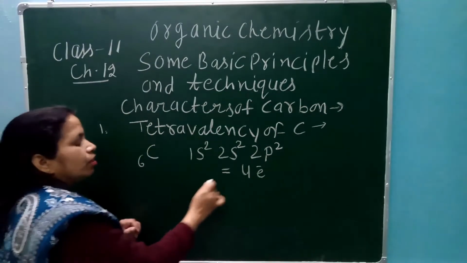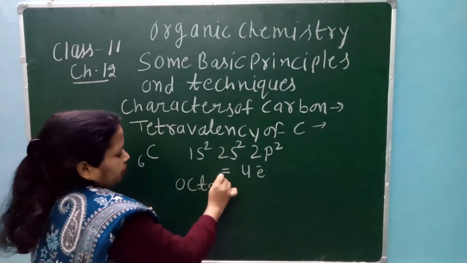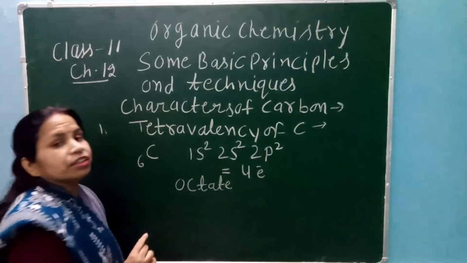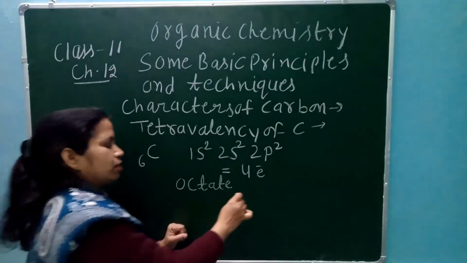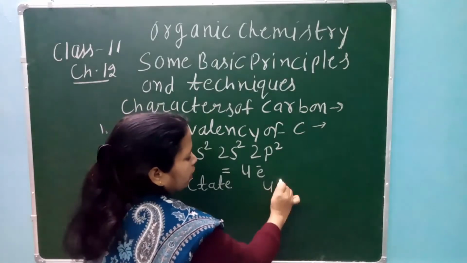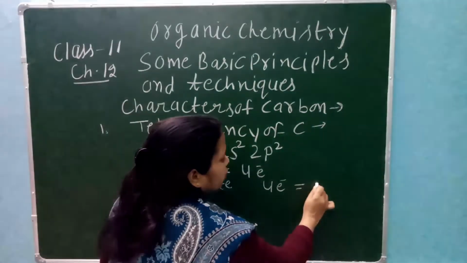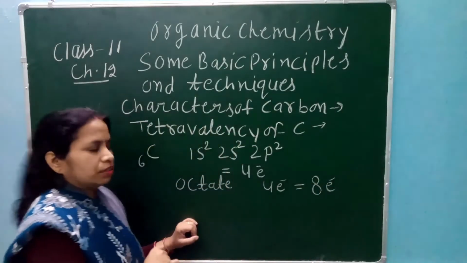So, to complete its octet, कितने इलेक्ट्रॉन की आवश्यकता है इसे? It needs 4 electrons. If it shares 4 electrons, it achieves 8 electrons.